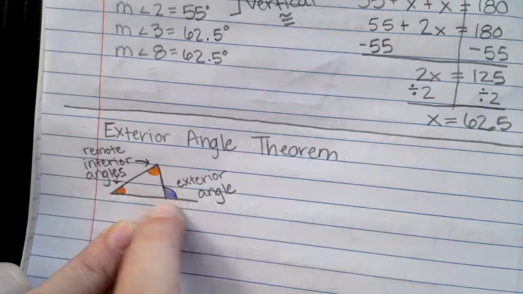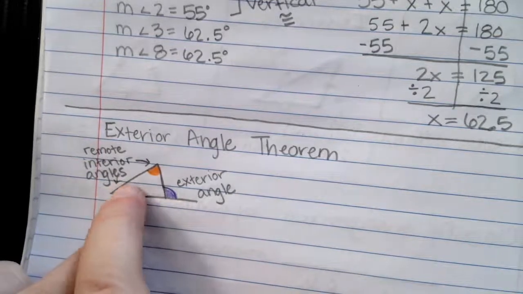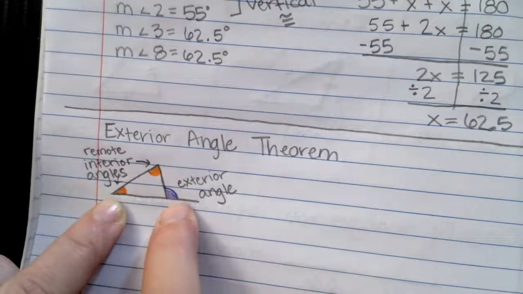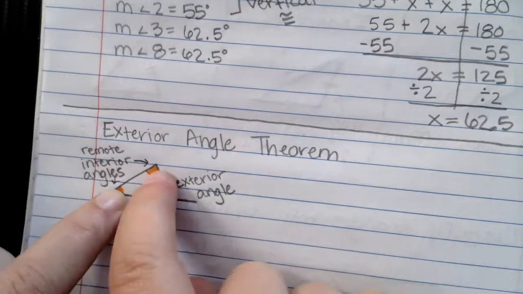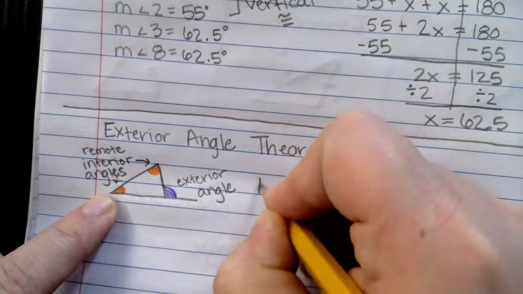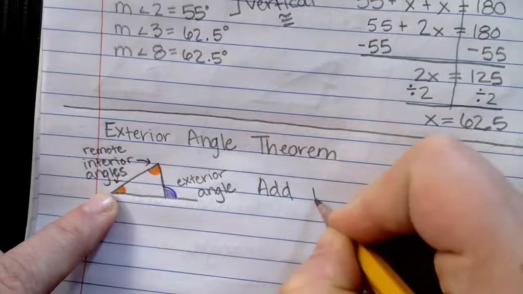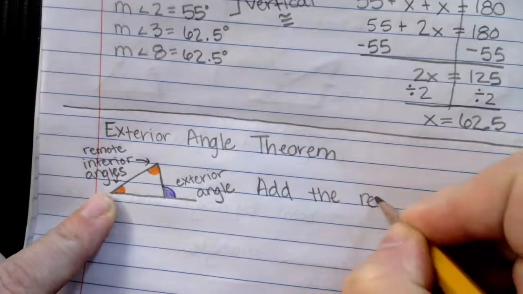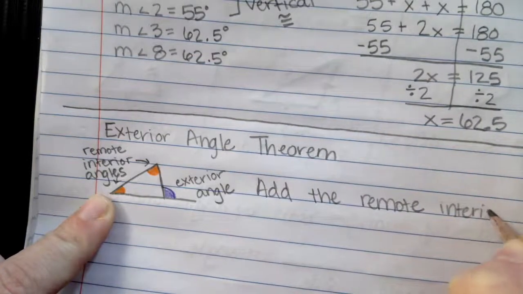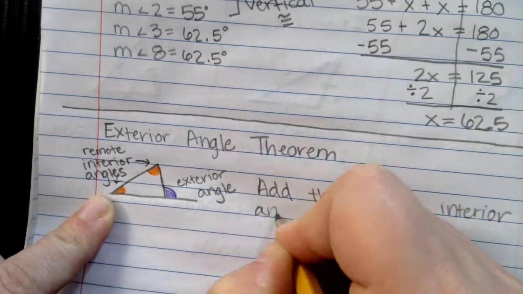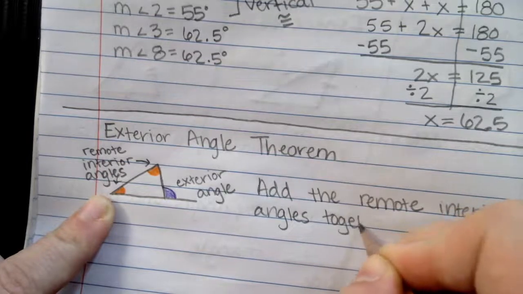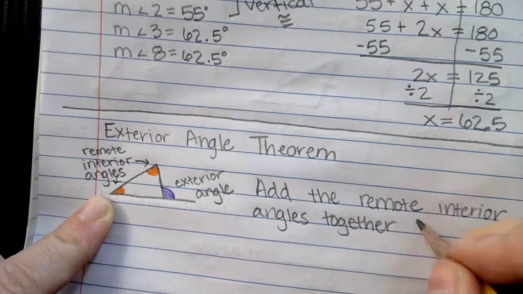Okay, so we add the remote interior angles together to equal the exterior angle. I think we might prove that later on this chapter.